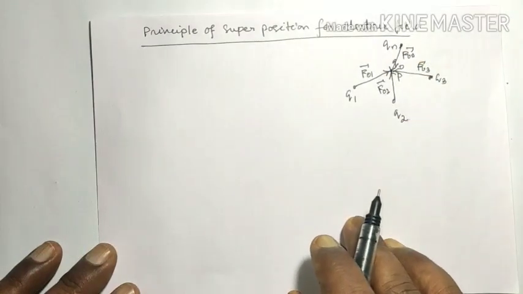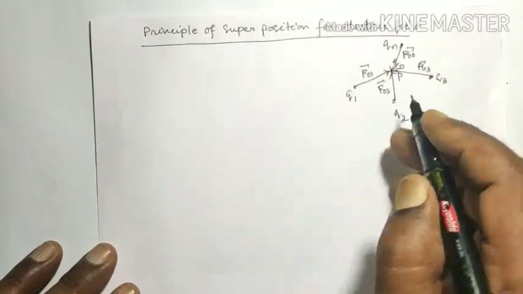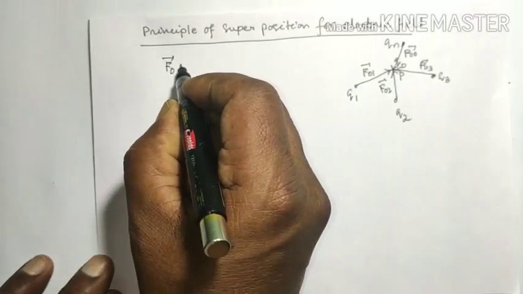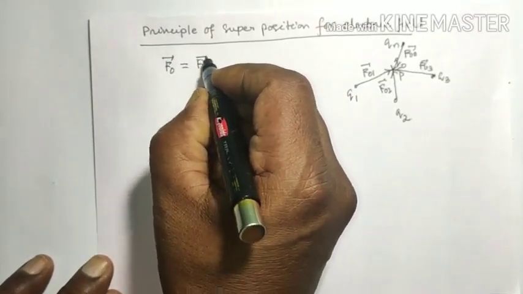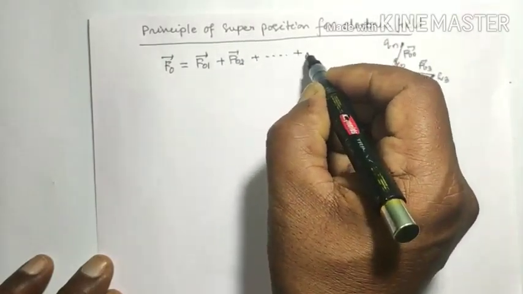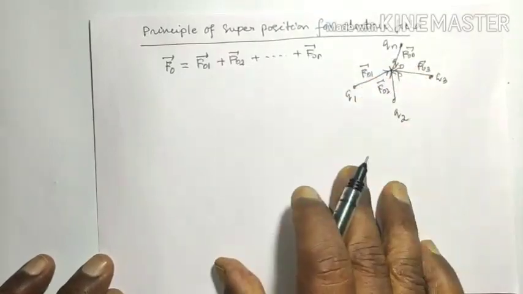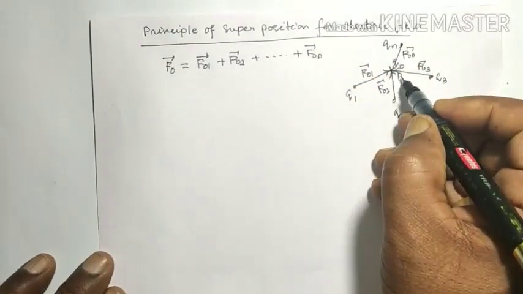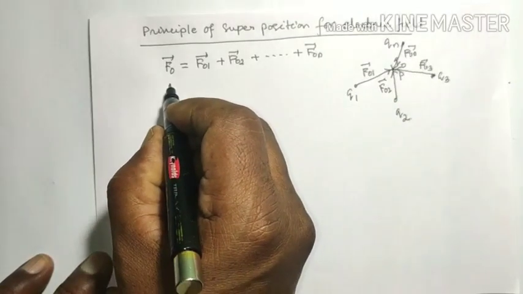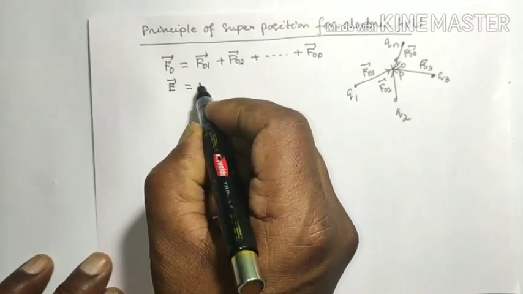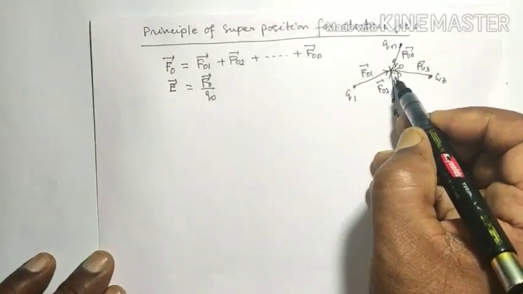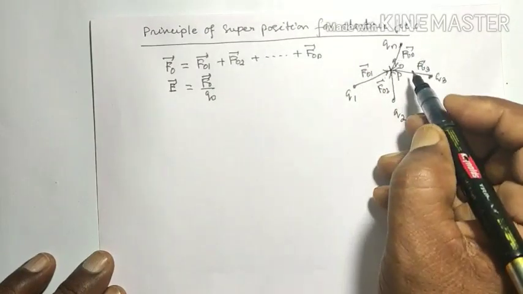The net force F0 from these n point charges acting on the test charge Q0 can be written as F0 equal to the vector sum of these forces, F01 plus F02 up to F0n. Therefore, the net electric field at the point P can be found by the formula E equal to F0 by Q0, where F0 is the net force at P on Q0 from n point charges.